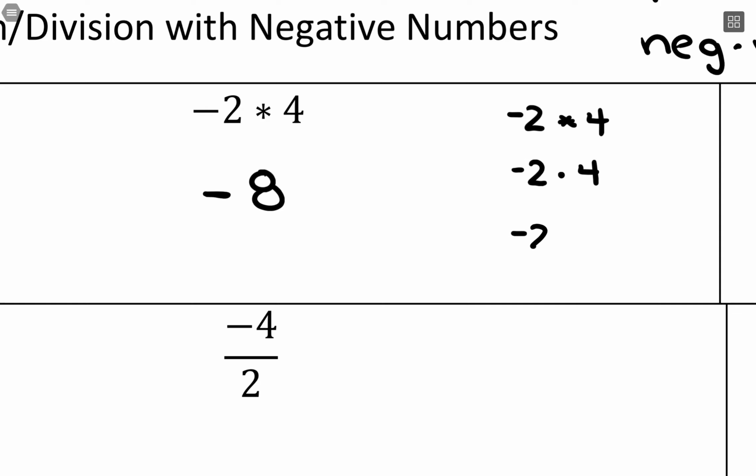versus -2 dot 4 versus -2 x 4. These are all symbols of multiplication, just different systems use different symbols, but they all mean multiplication. So you might sometimes see the star, you might sometimes see the dot. However, the X symbol, we are not going to see that often.